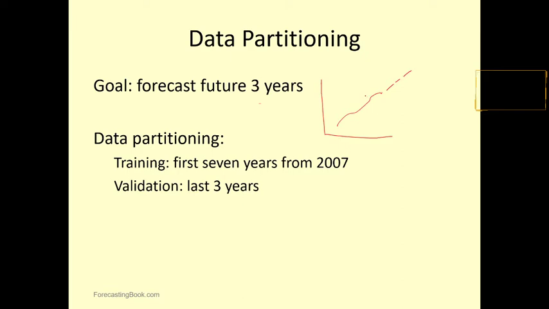So what we need to do then, in terms of data partitioning, is to divide the actual data set in two. This section of 3 years, I'm going to call it the validation period. Yes, this is the first partition. And the second partition, which includes the rest of the data, I am going to call the training period or the training partition.